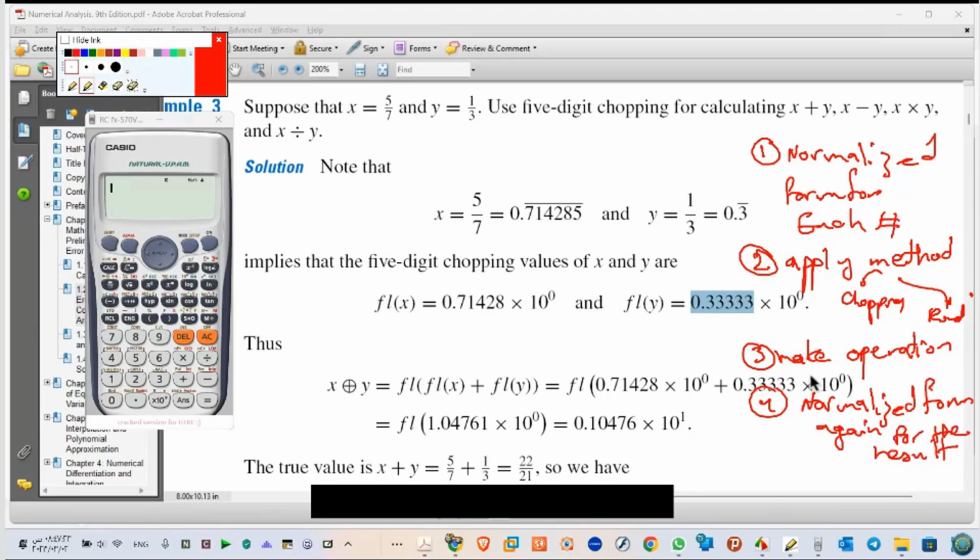Clear? In the previous year, some students just made the operation directly and applied normalized form to the result. This is wrong. We have normalized form twice: one before, for each number, and one after, for the result. Got it? Is it clear for you?